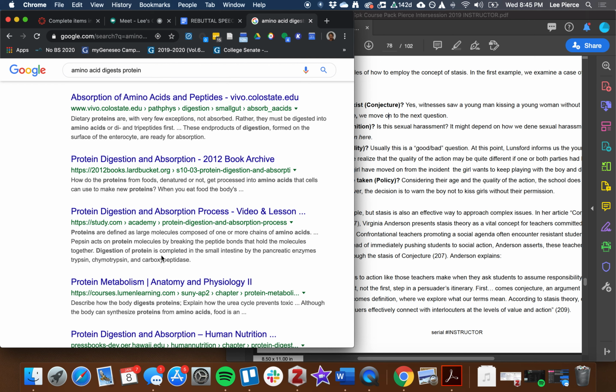So human beings have a pancreas and a small intestine that produce the enzymes trypsin, chymotrypsin, and carboxypeptidase that are meant for digesting animal proteins.